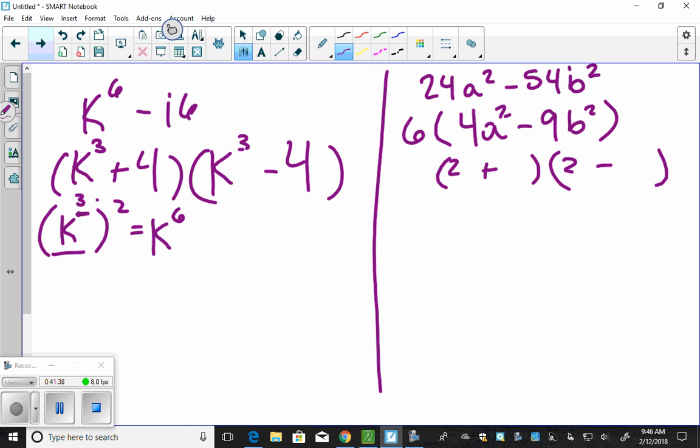What about a squared? a goes in front. 9, b. Okay. If you just give me this, you will not get full credit. Because what did I forget? You do not drop off the 6. The 6 has to stay. Okay? The 6 must stay.